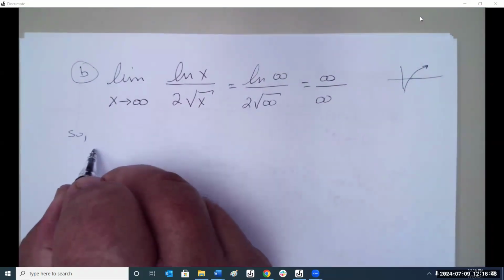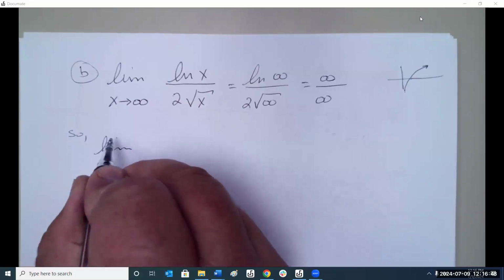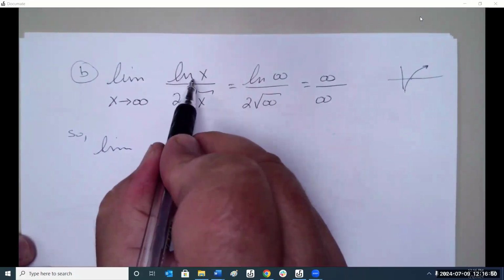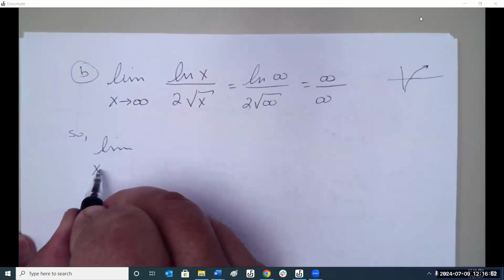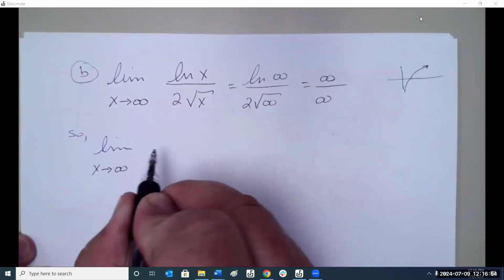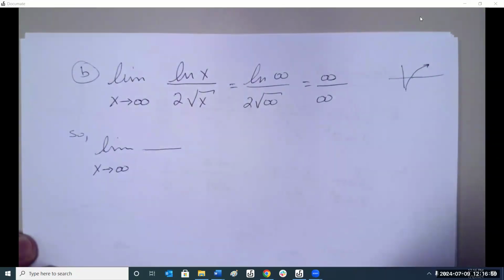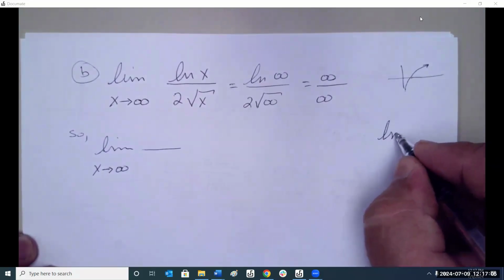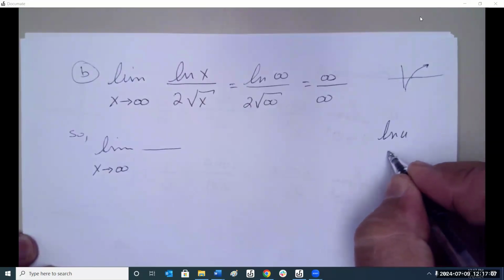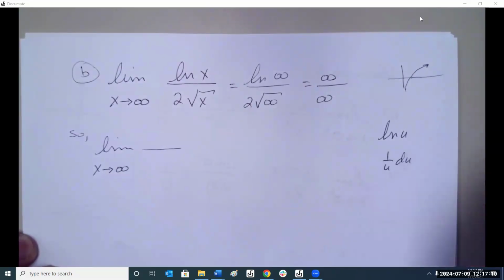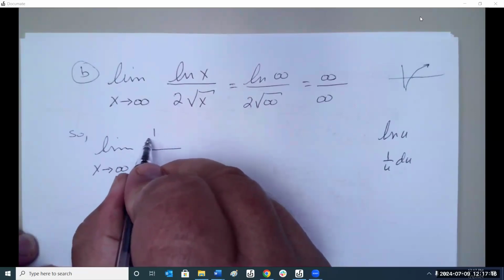So we can use L'Hopital's. The derivative of ln x. The derivative of ln u is 1 over u du. So this becomes 1 over x.